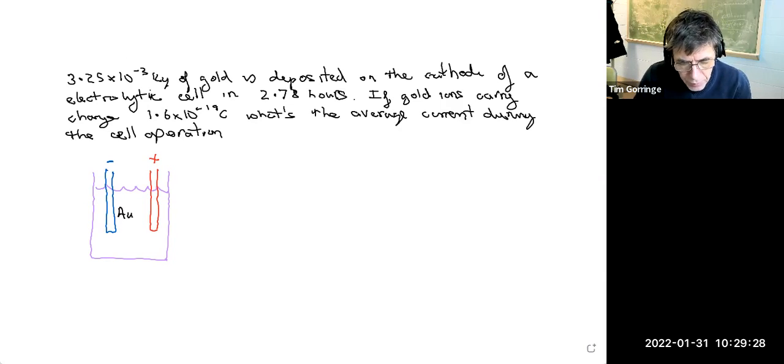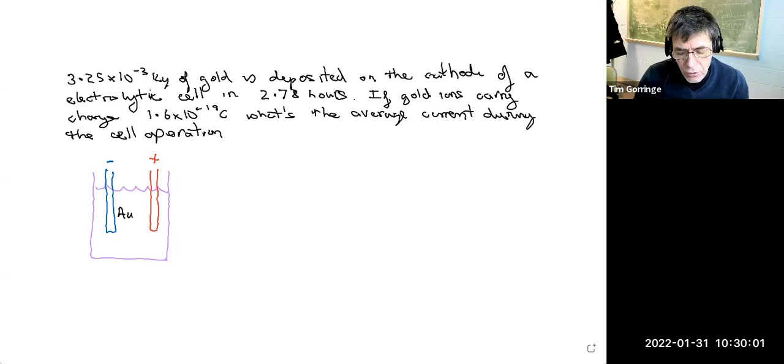In this problem, we've got an electrolytic cell, which is used for driving reactions that would otherwise not occur. For example, in an electrolytic cell, you can break down water, H2O, into hydrogen and oxygen gas.